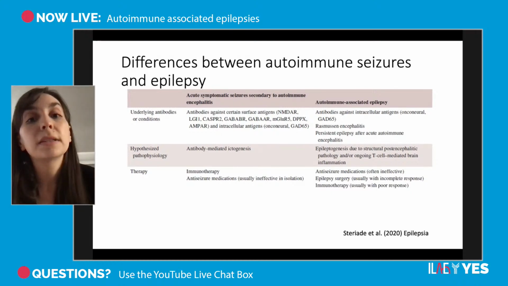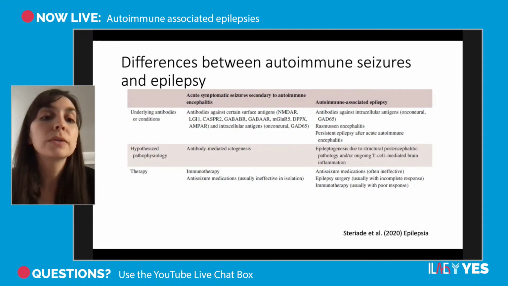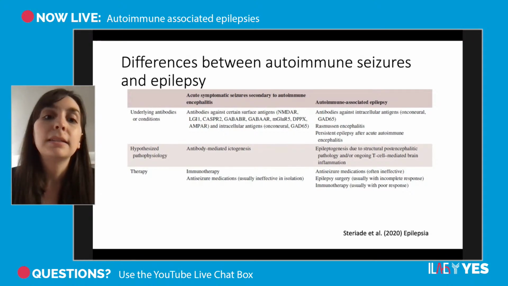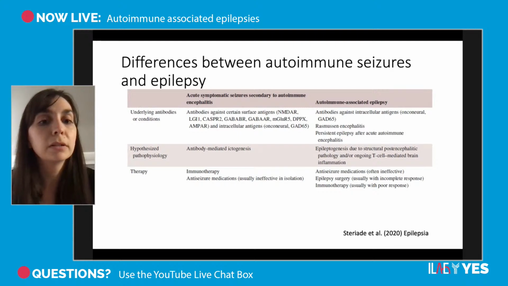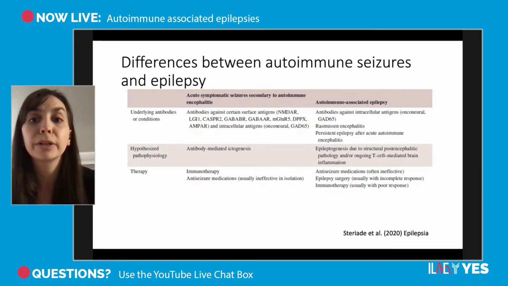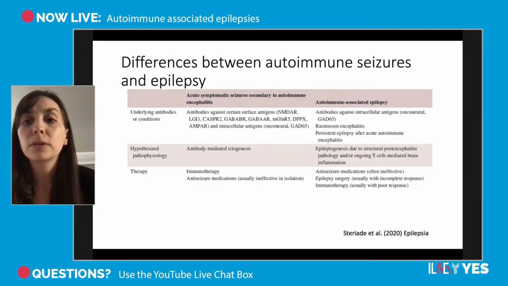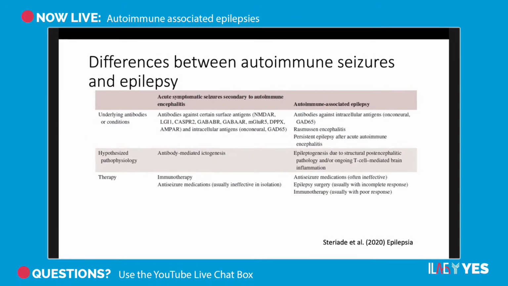In the setting of autoimmune encephalitis and acute symptomatic seizures, immunotherapy is really the mainstay of treatment. So these patients often respond to immunotherapy and their seizures tend to not respond to anti-seizure medications. Whereas when you're thinking about autoimmune-associated epilepsy, nothing really works very well, whether it's anti-seizure medications, epilepsy surgery, and unfortunately immunotherapy as well.